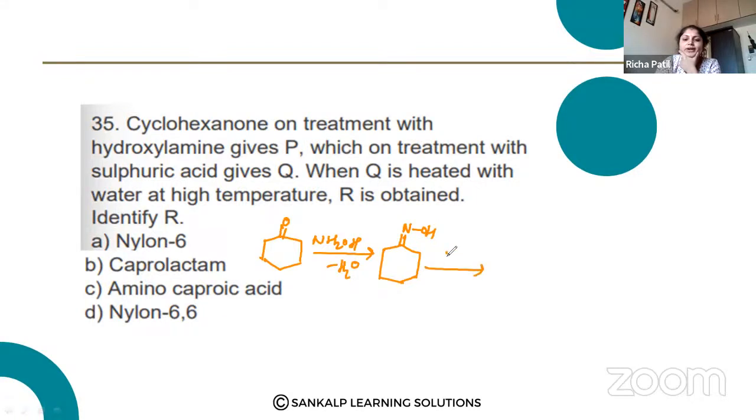So this on hydrolysis will give you, okay, so this is what? Nylon 6. Right. So this is nylon 6. So A is the correct answer.